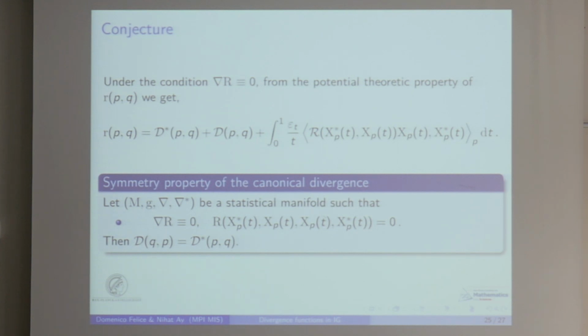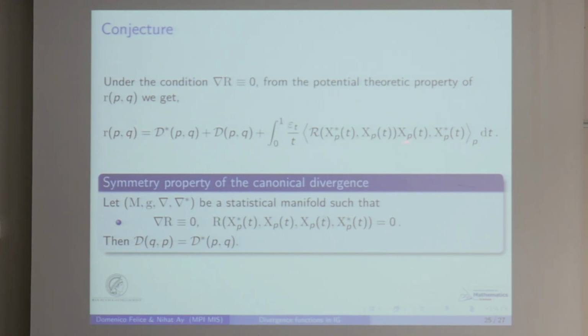succeeded to conjecture that if we require the symmetry of the manifold plus that the sectional curvature, the curvature of the plane generated by the nabla and nabla star geodesic, is 0, then we get that this function is symmetric in its argument.